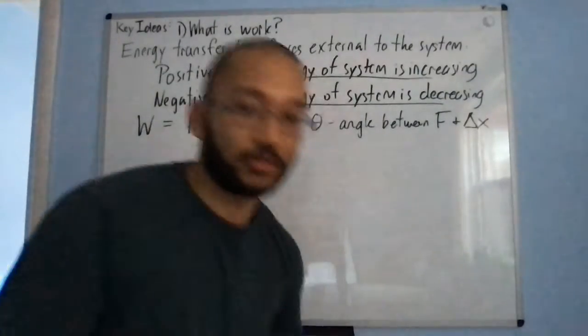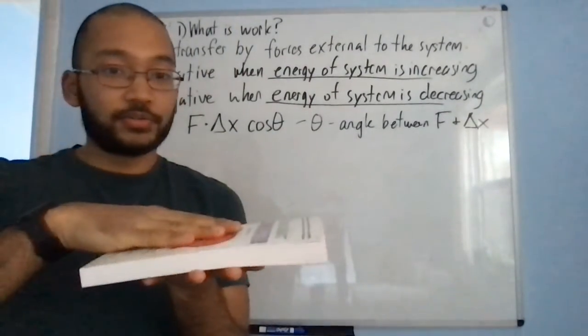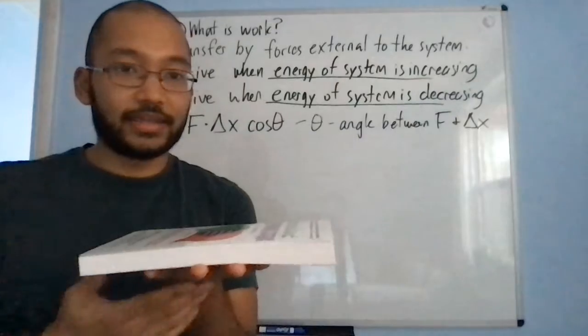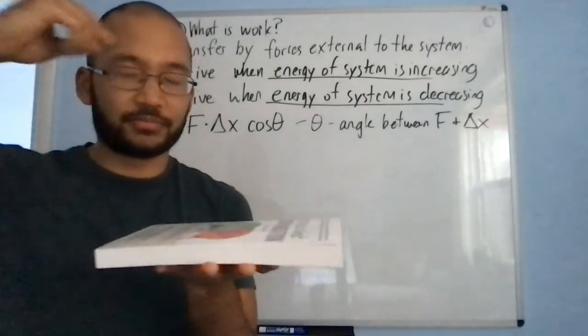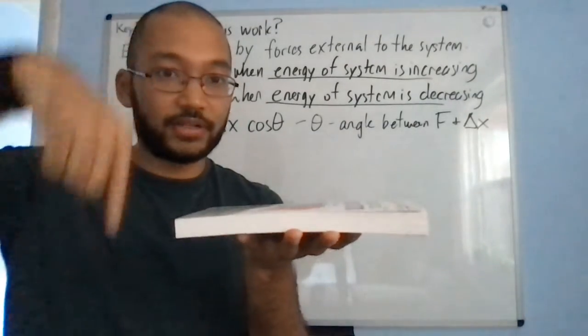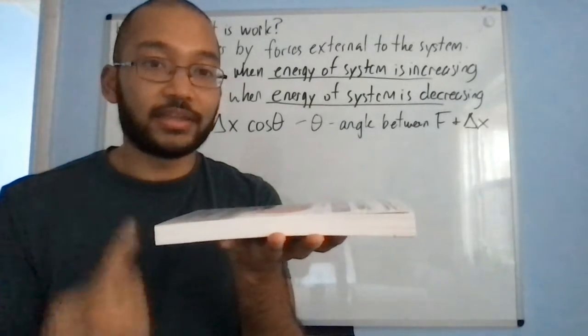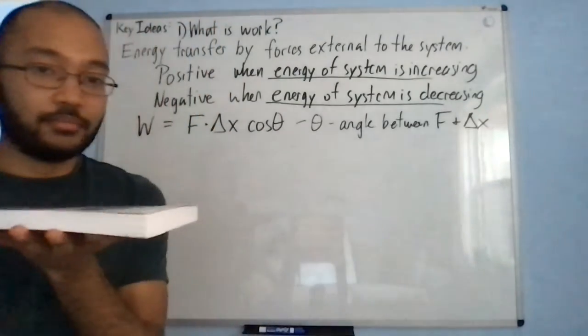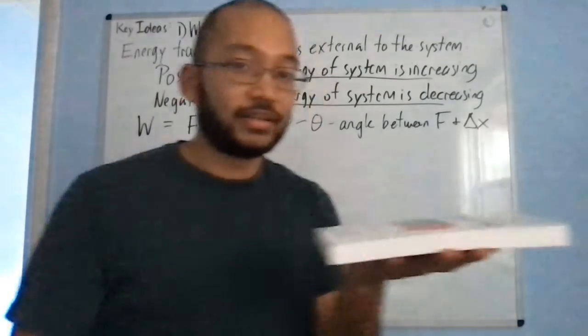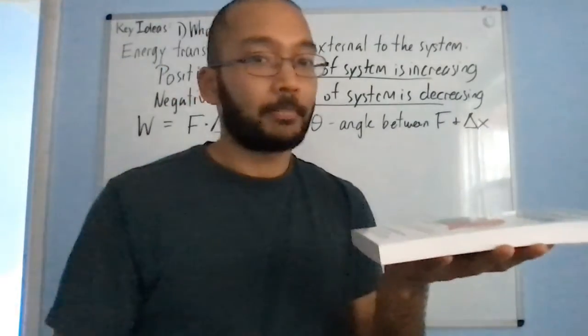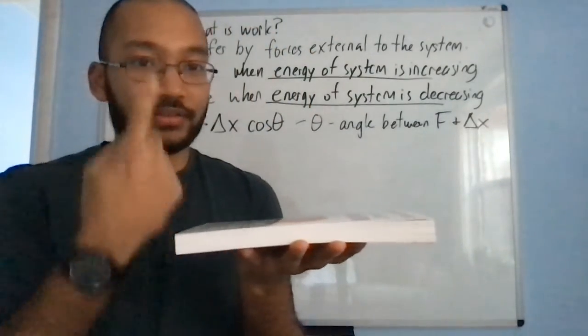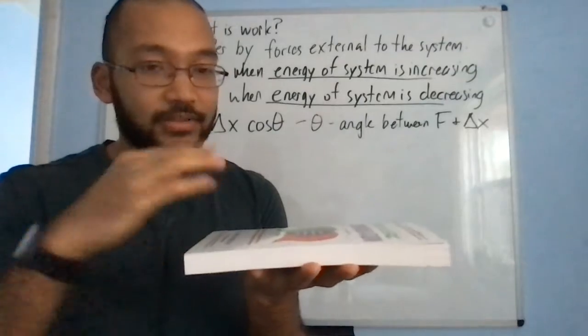So let me illustrate that with an example. Returning to my hand and the book and the gravity. So visualize the free body diagram. You've got gravity going down, normal force from my hand going up. If I move at a constant velocity horizontally, the force that I'm exerting on this is up.